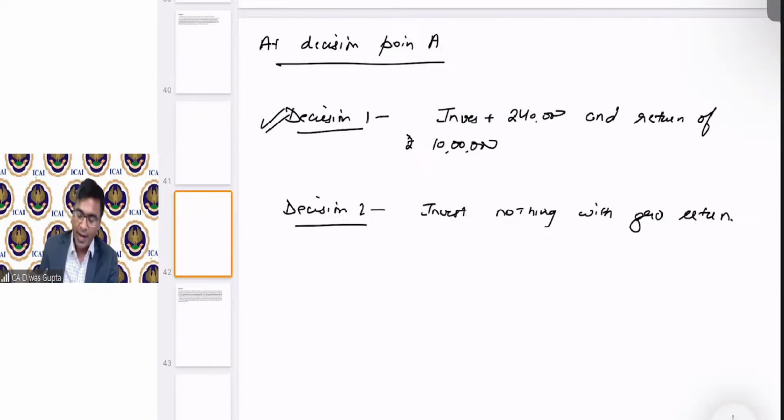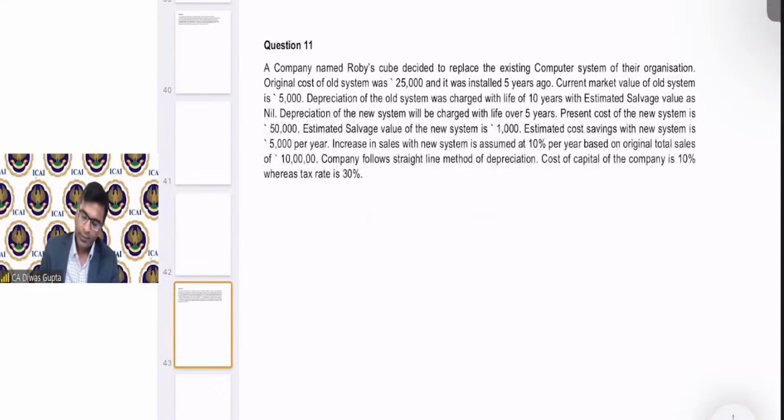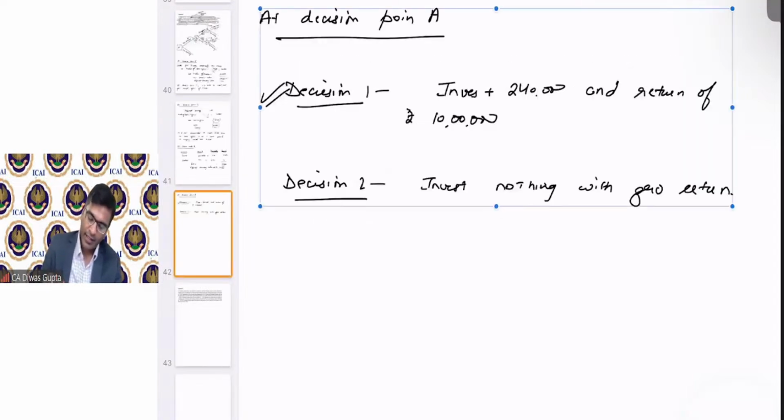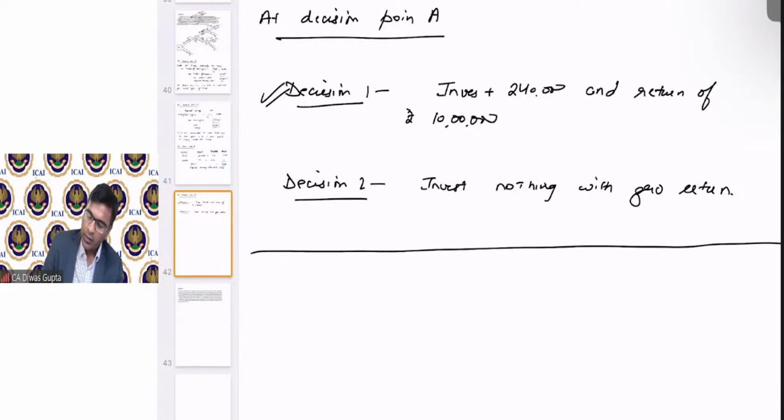Okay. So the right decision will be to invest 2,40,000 and get a return of 10 lakhs. So this is how the proposal has been evaluated given the different possible outcomes and the different decisions we have to take. Students, still here, everything is clear, I hope. Then we can go on to the next topic.